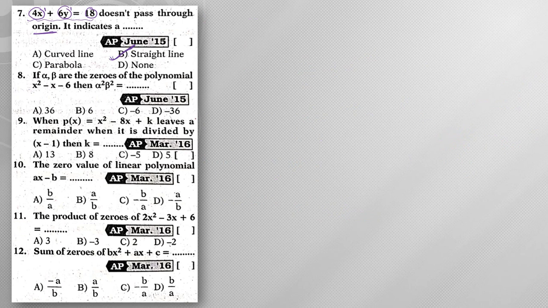Next, question number 8. If alpha, beta are the zeros of the polynomial x square minus x minus 6, then he is asking you to find alpha square into beta square. You can write it as alpha into beta whole square. This is nothing but product of zeros whole square.